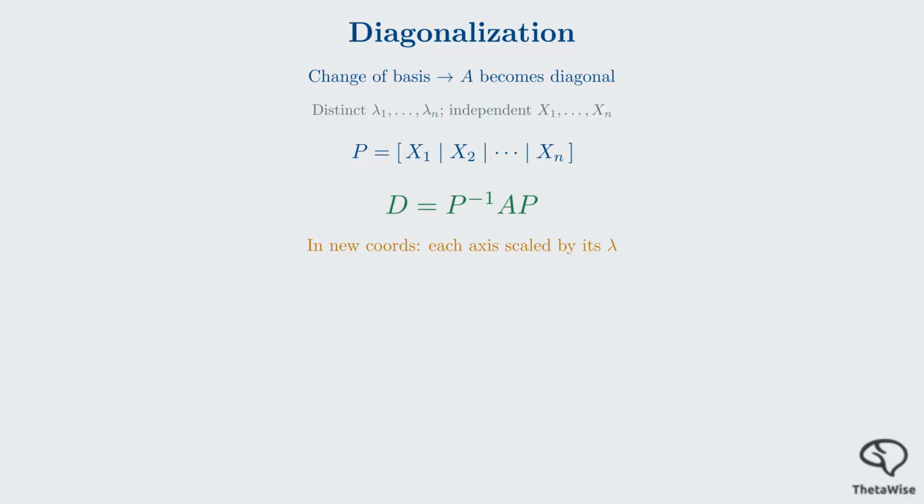The notes illustrate this with A equal to [0, negative i; i, 0]. Its characteristic equation is the determinant of [negative lambda, negative i; i, negative lambda], equal to lambda squared minus 1. So the eigenvalues are 1 and negative 1. For lambda 1, solving Ax equals x gives x1 equals negative i x2 and x2 equals i x1.